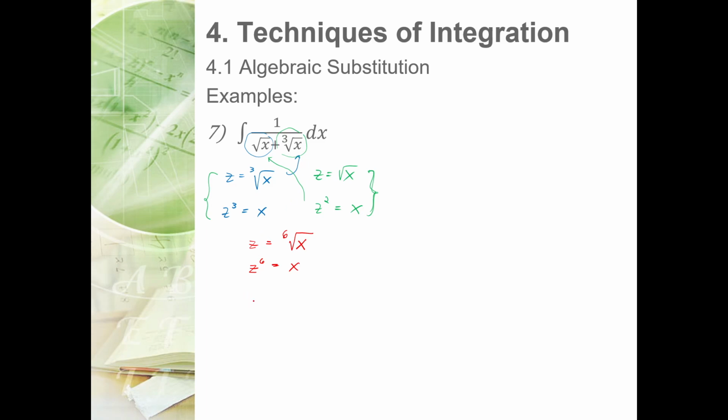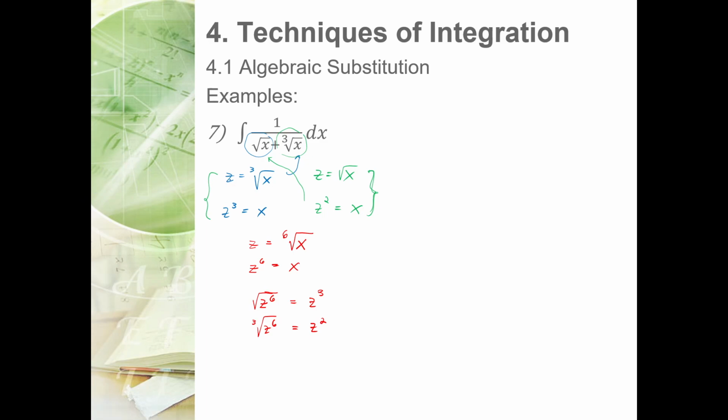So if we replace x within the square root, z to the power of 6, this one becomes z cubed. And if we have cube root of z to the power of 6, this one becomes z squared. So that's right, di ba? Earlier, let's change colors so you understand better.